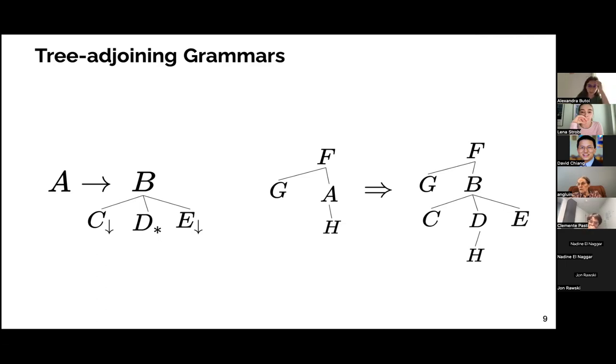So in here, see that the node A gets deleted and replaced with a tree B, C, D, E, and the subtree, which is just H here, gets attached to node D, which was the footnode of the rule.